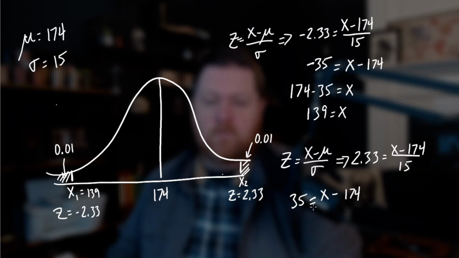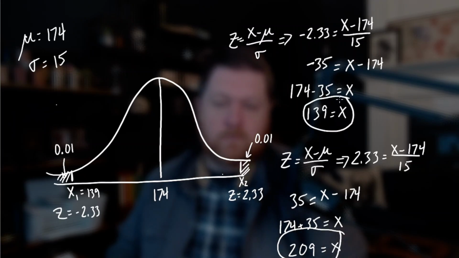Now I'm going to add the 174 to both sides. So 174 plus 35 is equal to x. This is going to be 170, then the 30, that's 200, then the 4, so that's 209. And there's one answer.